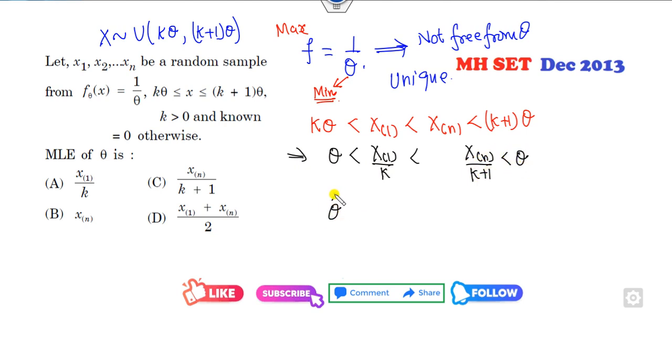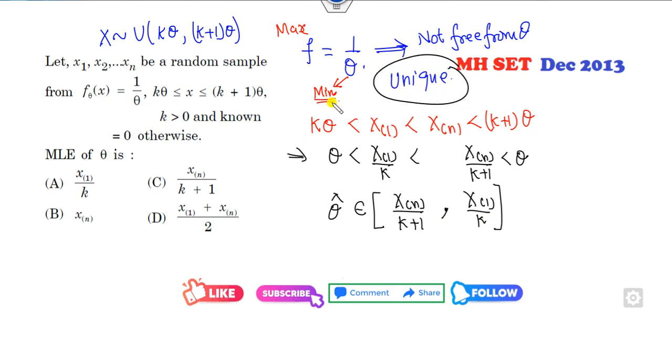So theta cap belongs to the interval xn over k plus 1 comma x1 over k. Now since it is unique, the value that gives the minimum, because it's an interval, so this is my minimum. Xn over k plus 1 is the MLE of theta.